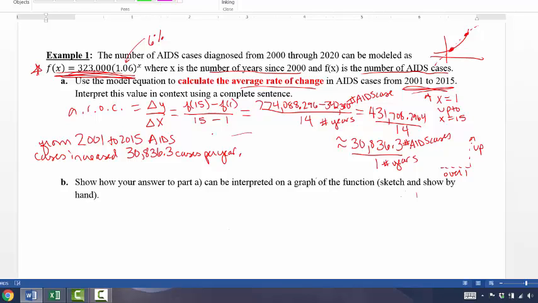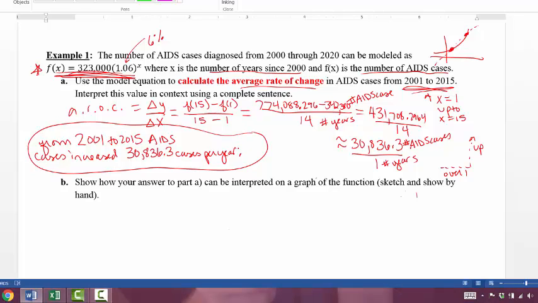So from 2001 to 2015, AIDS cases increased 30,836.3 cases per year, and you should include the words on average because it isn't a linear function. It does not have a constant rate of change of 30,836.3 per year. It's only doing that on average.